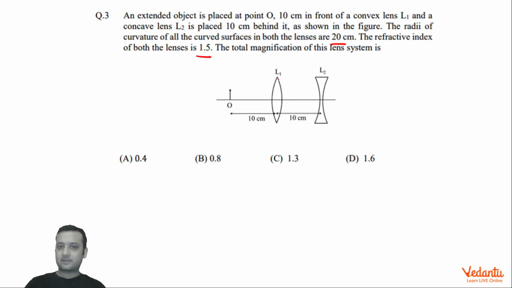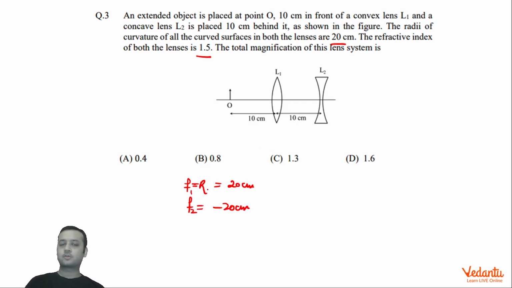If R is 20, this is of 1.5 and kept in air, then f will be equal to R. So f will also be 20 centimeters, positive for the convex lens and negative for the concave lens. Let's call these f1 and f2. f2, the focal length of the concave lens, will be -20 centimeters.